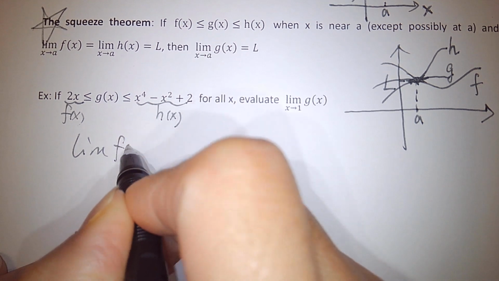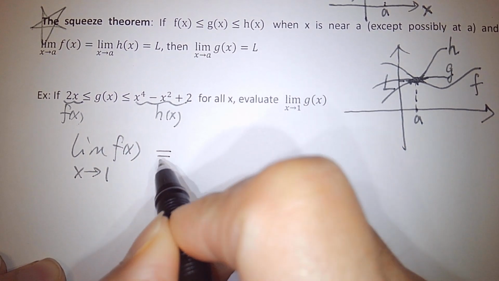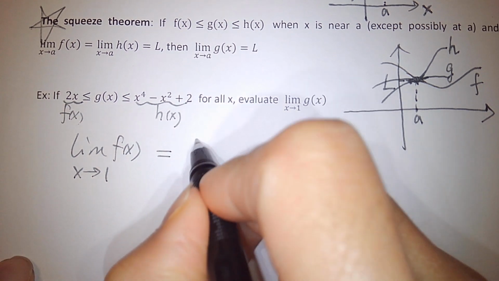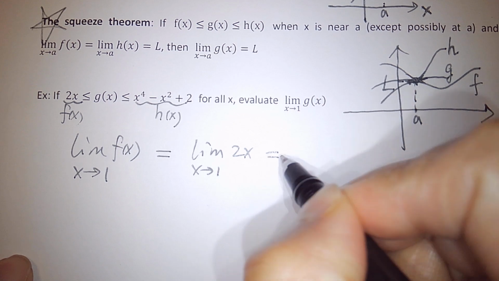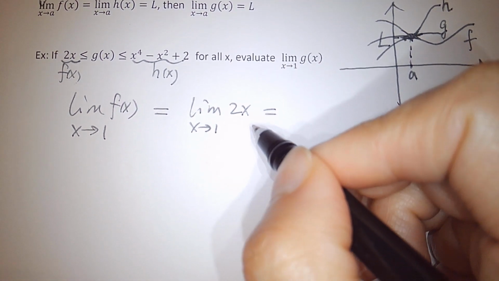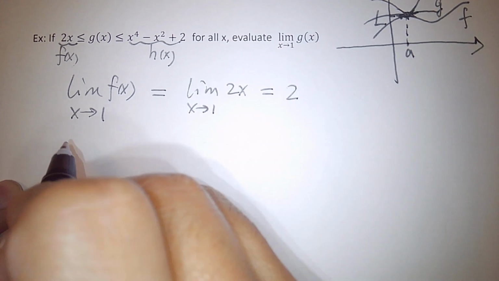The limit of f of x when x approaches 1: we know f of x equals 2x, right? Can you please give me the answer for this limit? 2. Yeah.